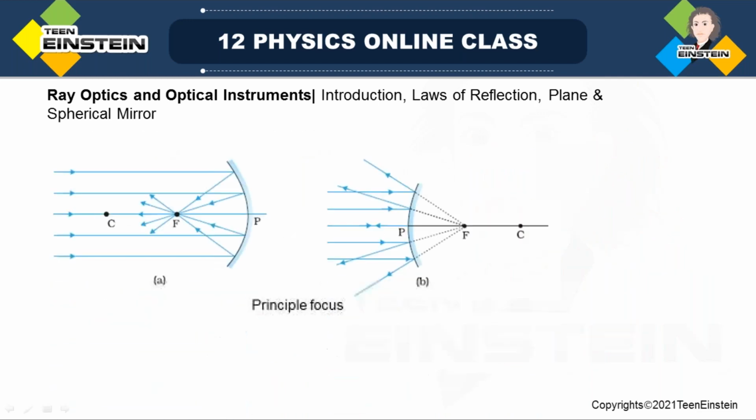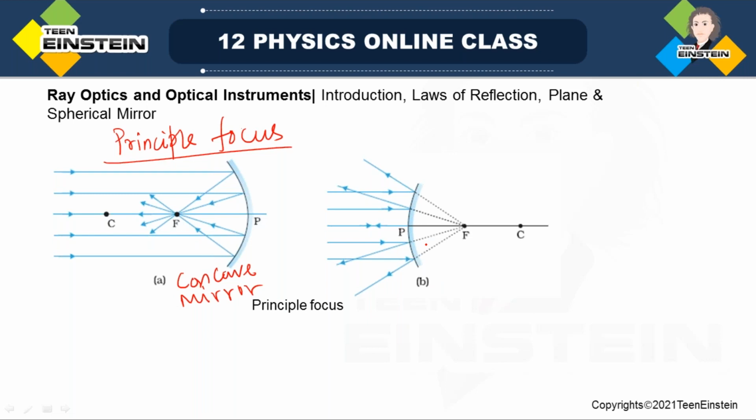an important parameter in the spherical mirror, that is the principal focus. So what is principal focus? If I have this, it is actually a concave mirror, because I am using the inner part of this spherical portion as the mirror, so this is a concave mirror.